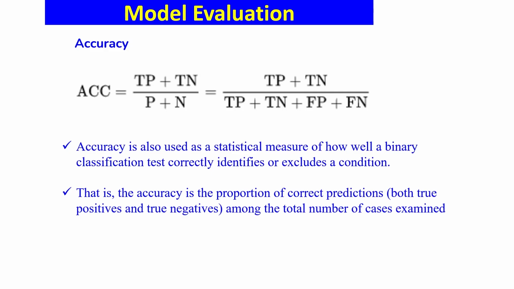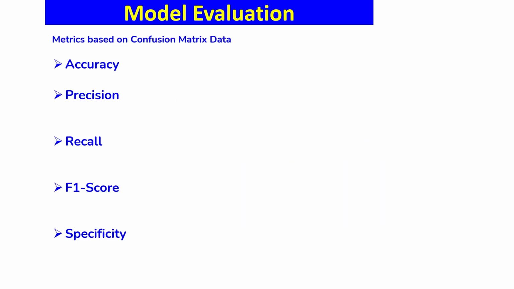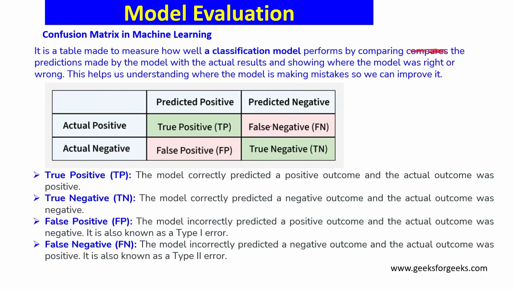So, accuracy is TP plus TN divided by the whole thing: true positive, true negative, false positive, false negative, right. You see that here you have everything. You can build your confusion matrix that way. That is what confusion matrix means.